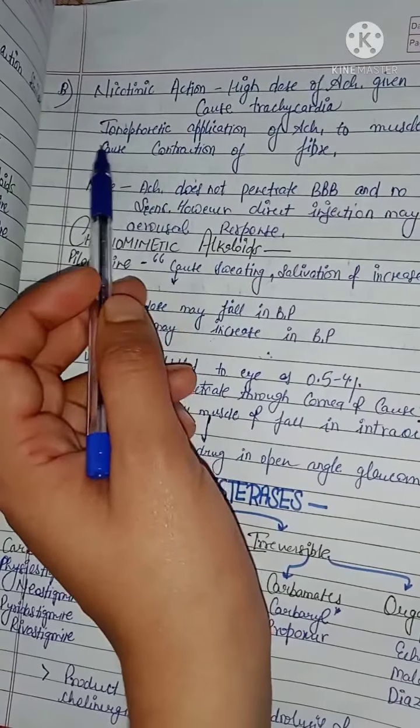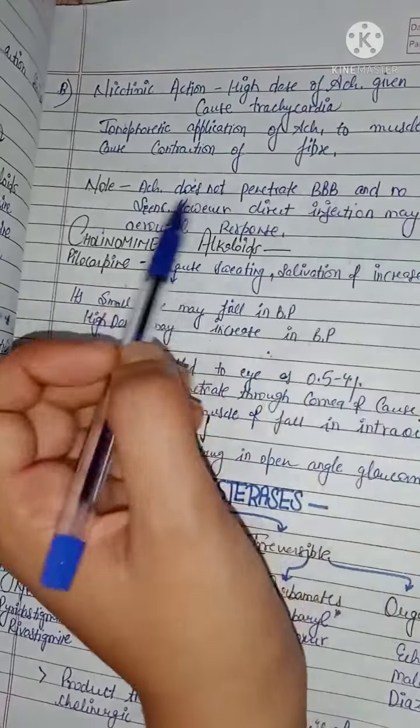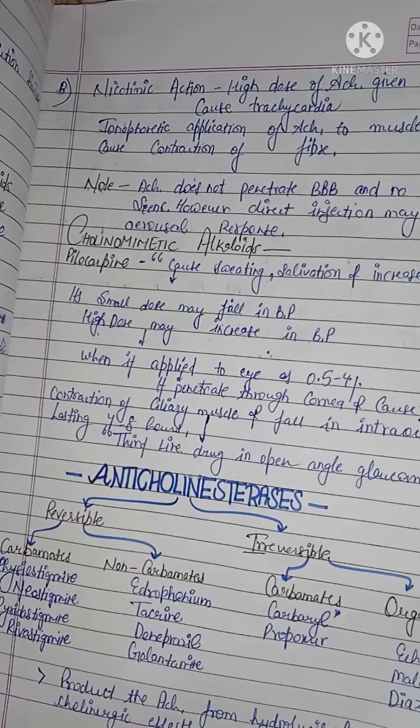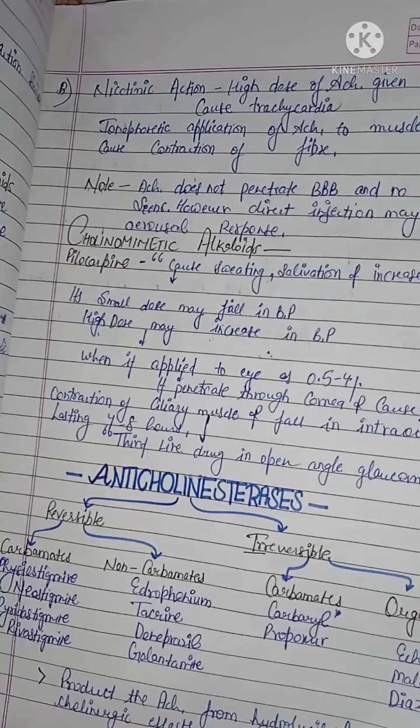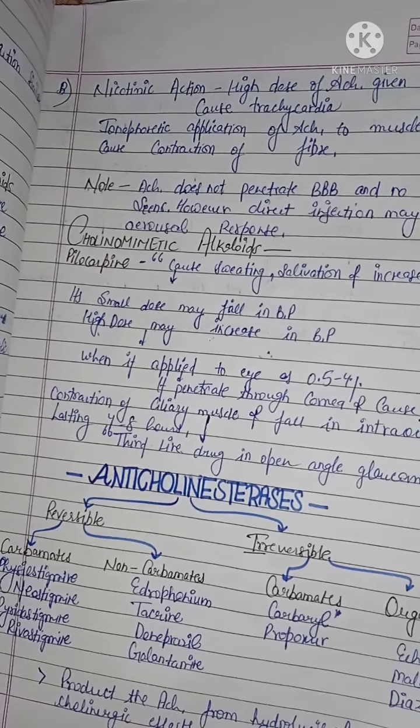We have ionophoretic application of acetylcholine to the muscle end plate, and it may cause contraction of the fiber. The important thing to remember regarding acetylcholine is that it is not able to penetrate the blood brain barrier and it has no central effect, although if it is directly injected into the brain, it will produce an effect.